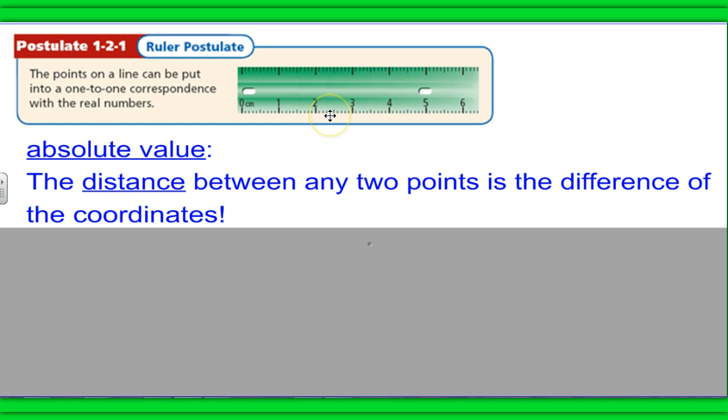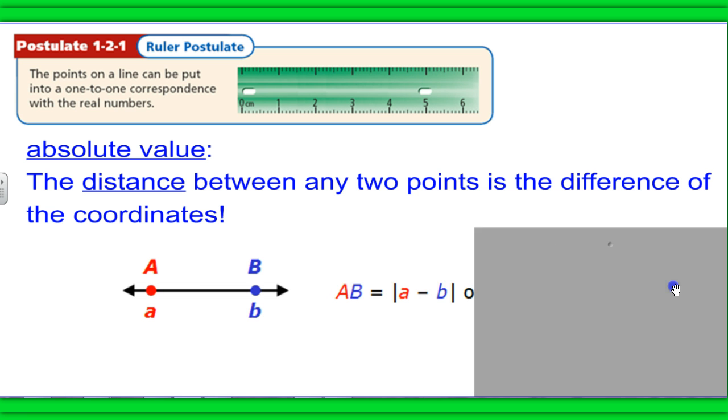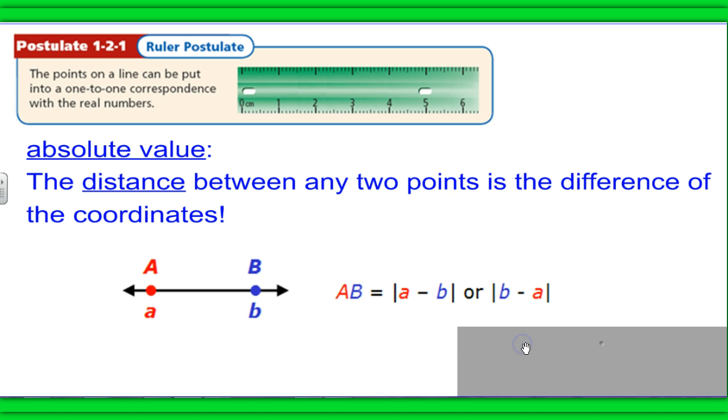You could also say 2 minus 5, which is negative 3, and take its absolute value, right? So the distance between A and B is the absolute difference between A and B. We may subtract A from B or B from A and simply take the absolute value.